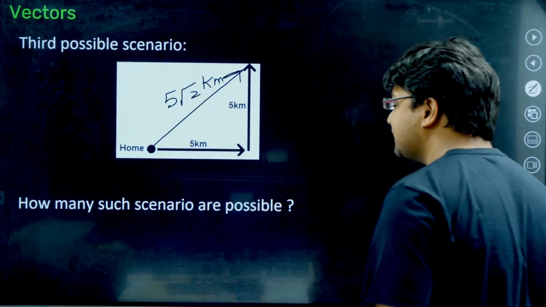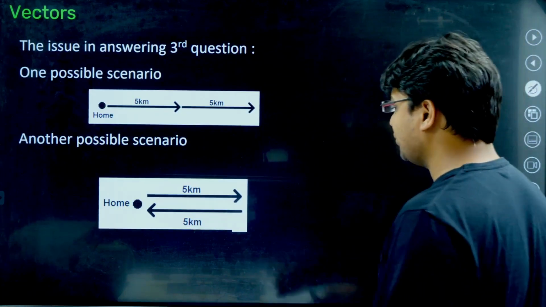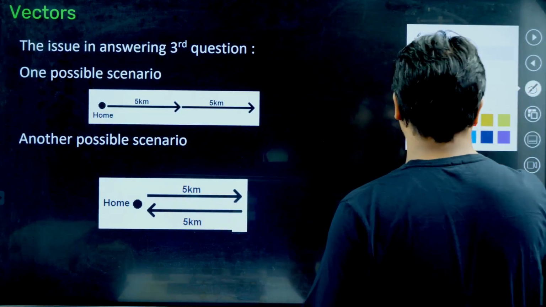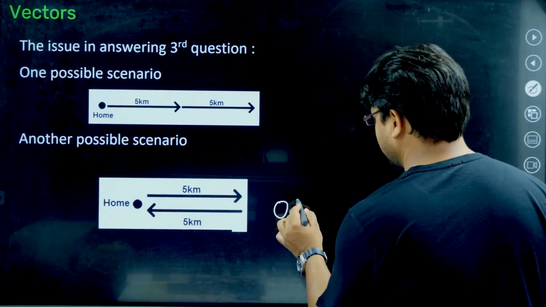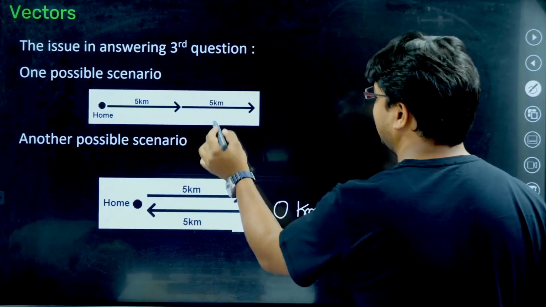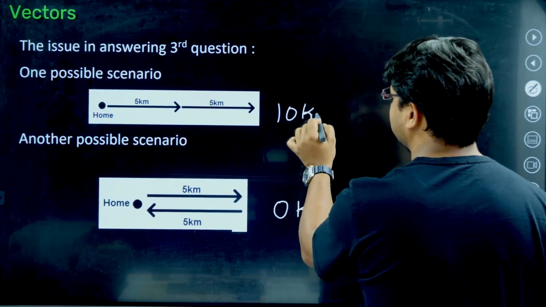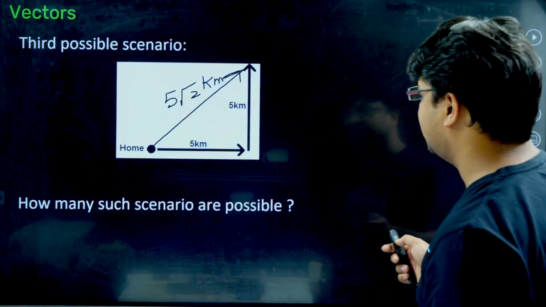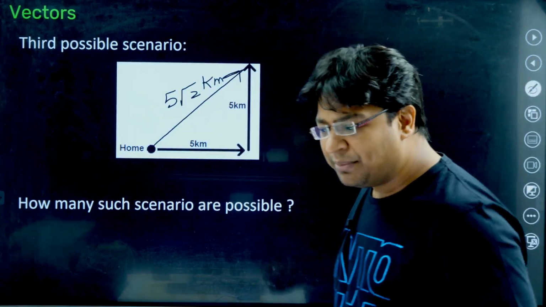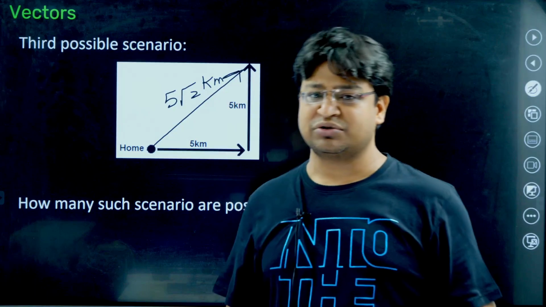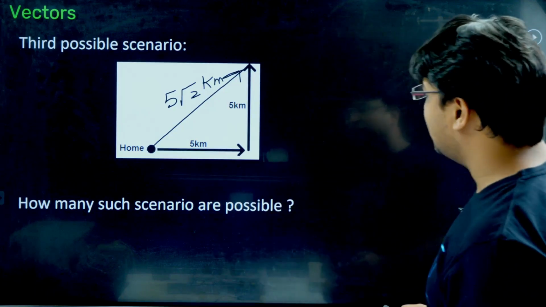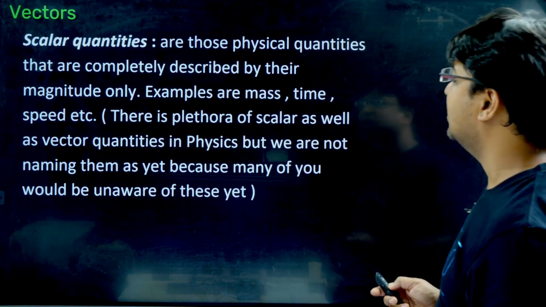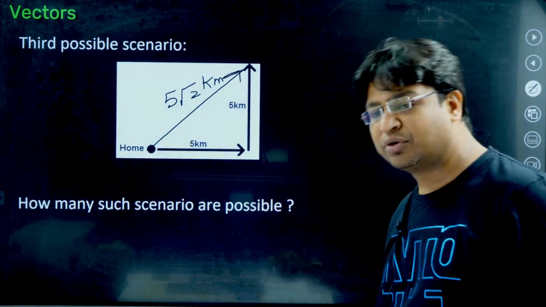So we have seen that 0 kilometers was one of the possible answers, then 10 kilometers was another, and 5 root 2 is another possible answer. Are you able to think of any more possibilities? Because if you ask me, yes, there certainly exist a few more.